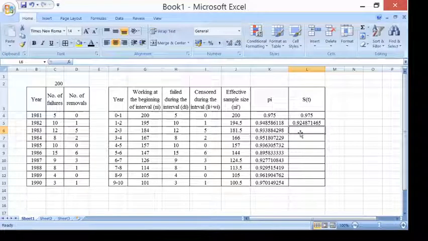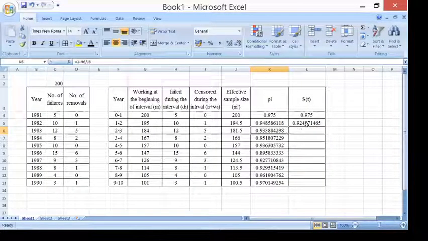Likewise, if we want the probability that you will be alive at time point 3, the conditional probability that you will be alive at time point 3 with the condition that you were alive at time point 2 will be this much, 0.933. Now if we want the unconditional probability of being alive at or beyond time point 3, it will be given like this.